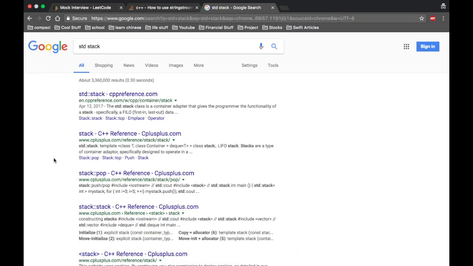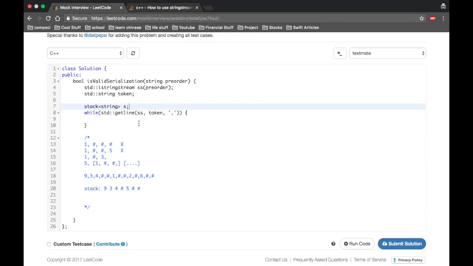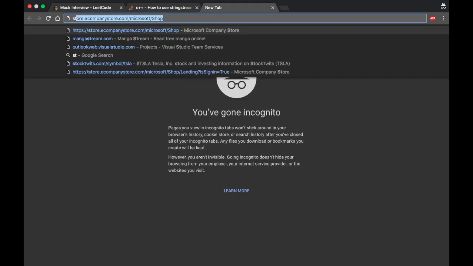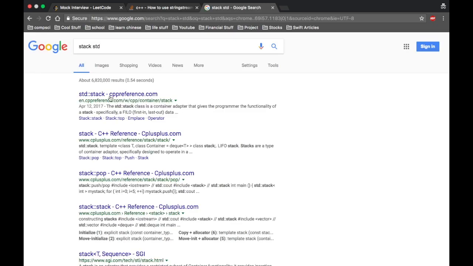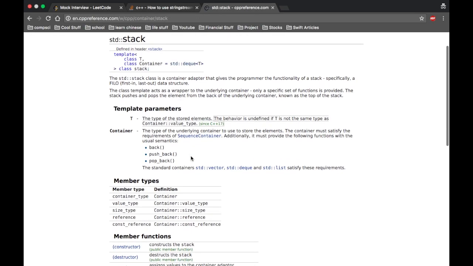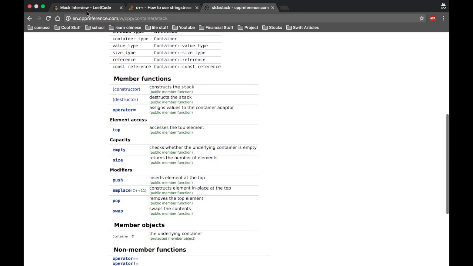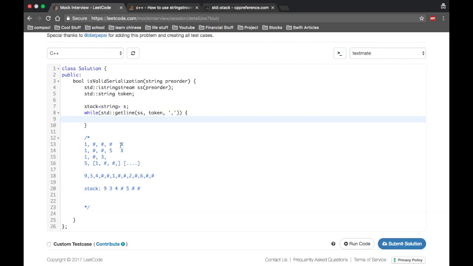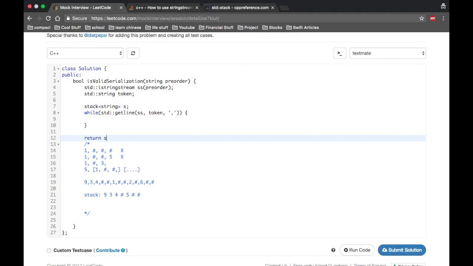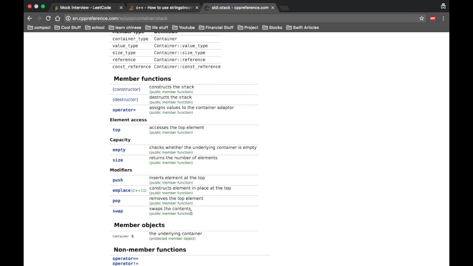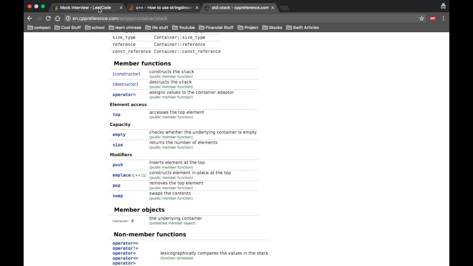There should be. Okay, so I have a stack. Now, just checking its methods, there's push. And at the very end we return s.empty, because if it's empty, then that means it's valid. If there's still something in there, then something messed up.